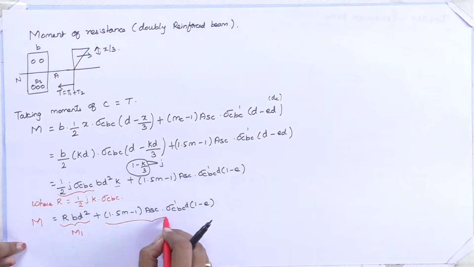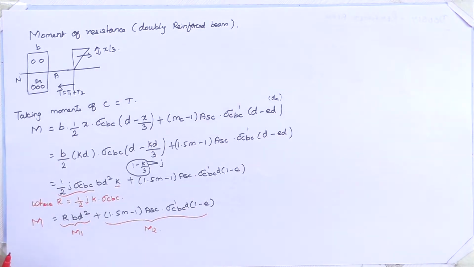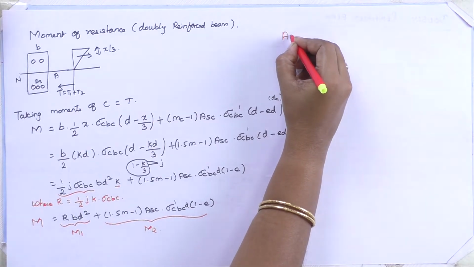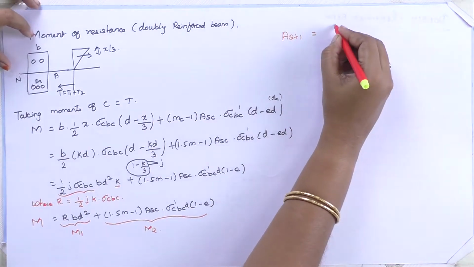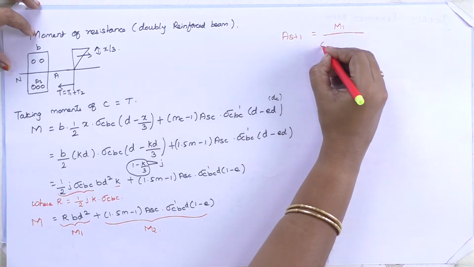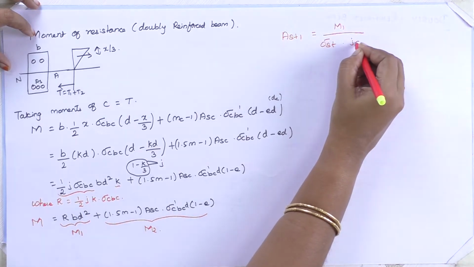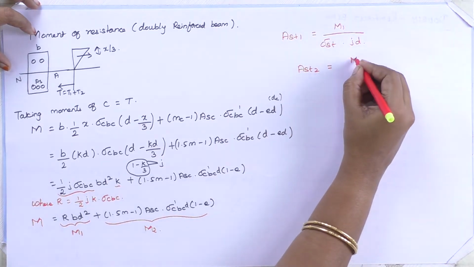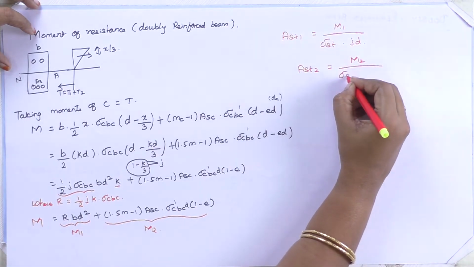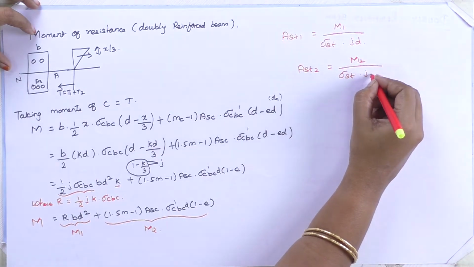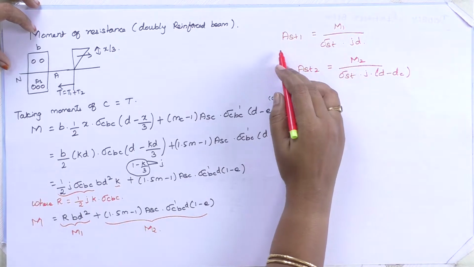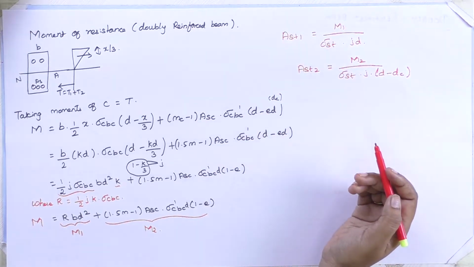This value you can call M2. Now from this M1 and M2 you can calculate AST1 is equal to M1 divided by sigma ST into jd, and AST2 is equal to M2 divided by sigma ST into (d minus dC). These are the two values we can calculate from M1 and M2.